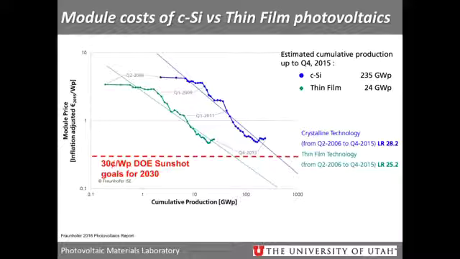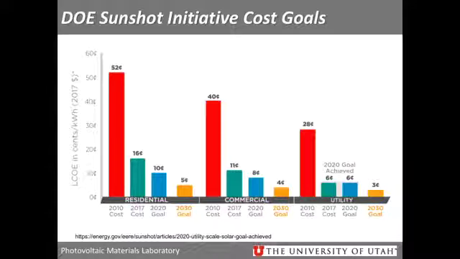And actually, this red line here is the U.S. government Department of Energy, which puts out what they call SunShot goals every 10 years. If we approximate this cost, this red line is where they want to be, I believe it's utility scale, for 2030. And they had goals for 2020.